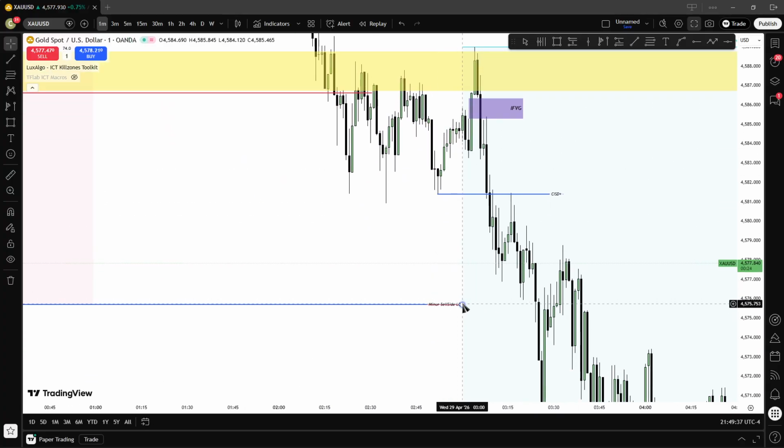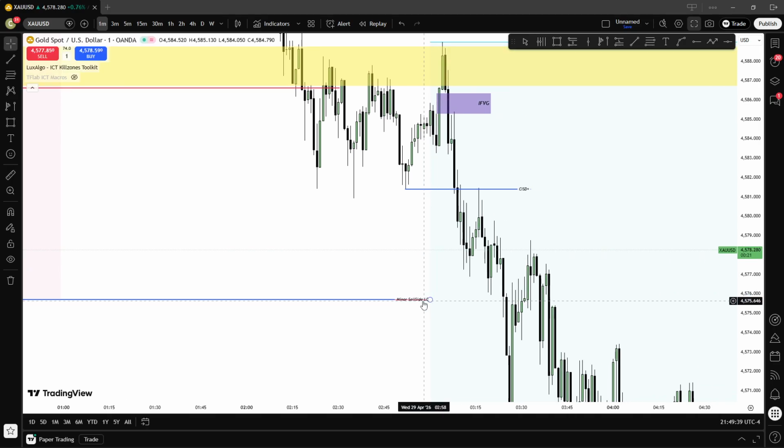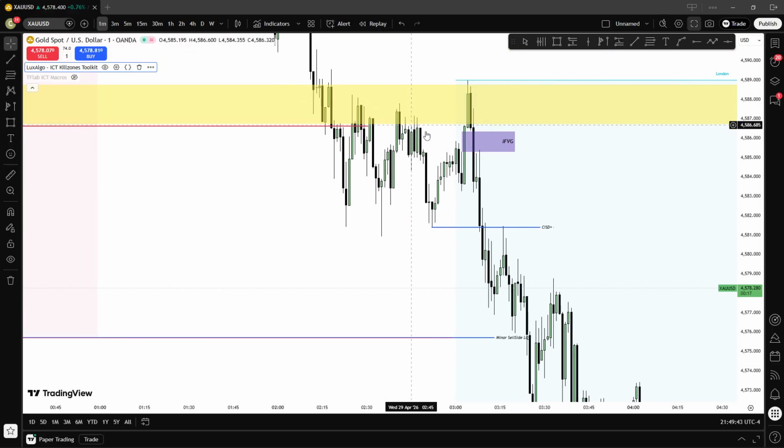So after we tapped in the low volume nodes, we created an IFVG, an engulfing of a selling imbalance through a buying imbalance. That's what we say the buyers got exhausted.